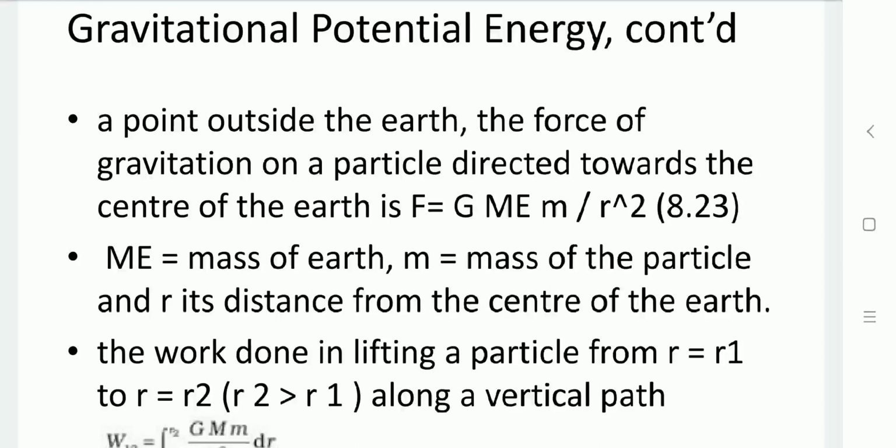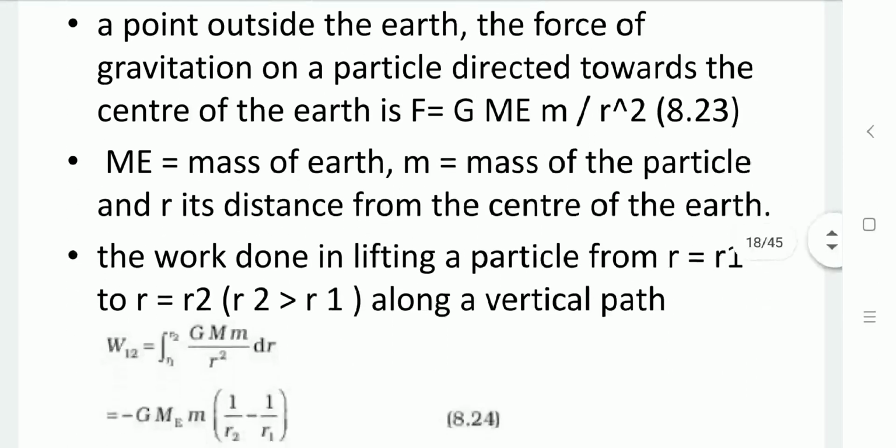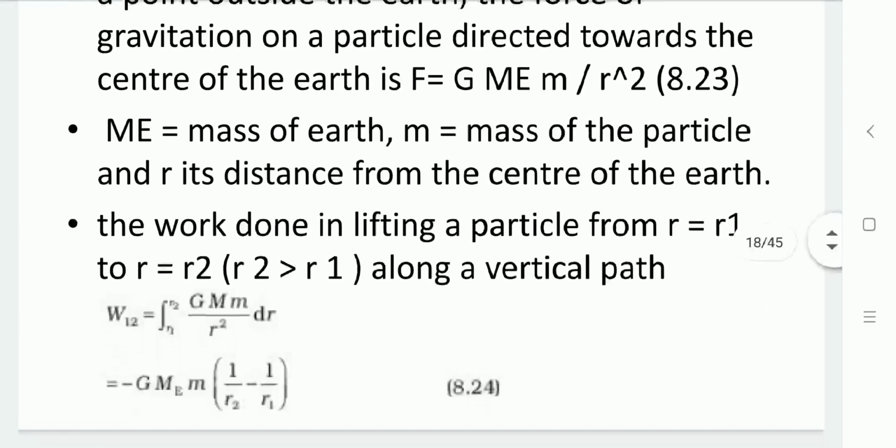So the work done in lifting that particle from R equal to R1 to R equal to R2 along a vertical path is W12 equal to the integration of G ME m by R square into dr, with limits R1 to R2. This G ME m is a constant, so let us take it outside and integrate 1 upon R square dr from R1 to R2.